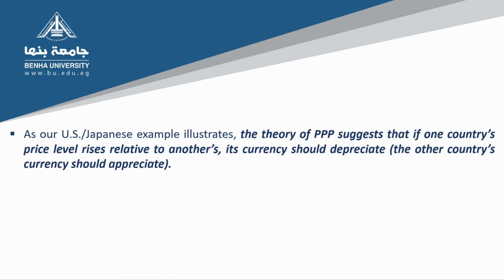Now, as our US-Japanese example illustrates, the theory of purchasing power parity suggests that if one country's price level rises relative to another's, its currency should depreciate, and the other country's currency should appreciate.